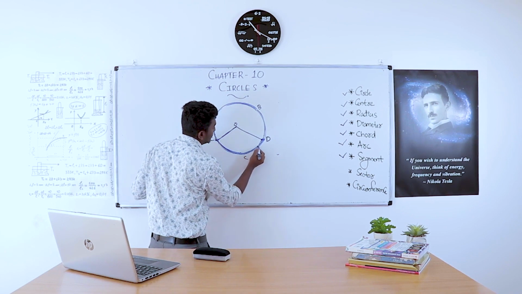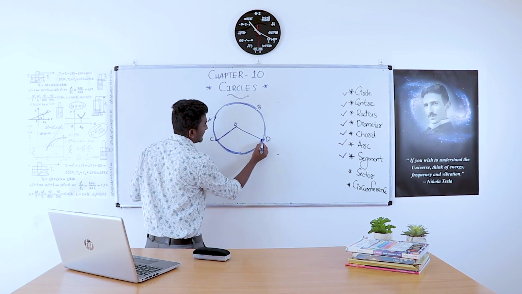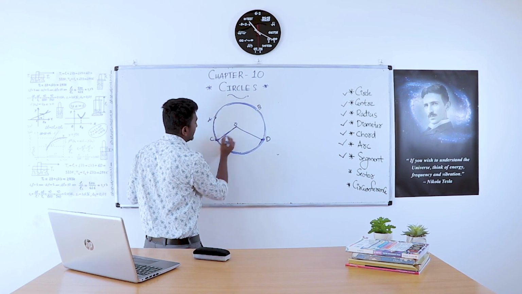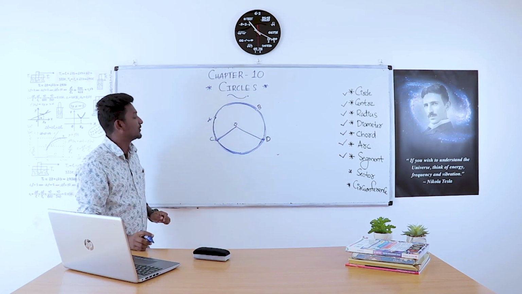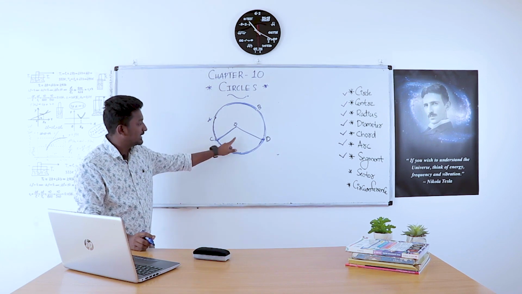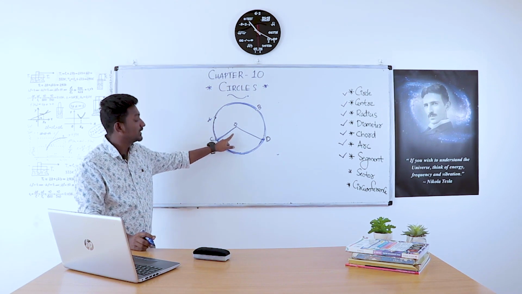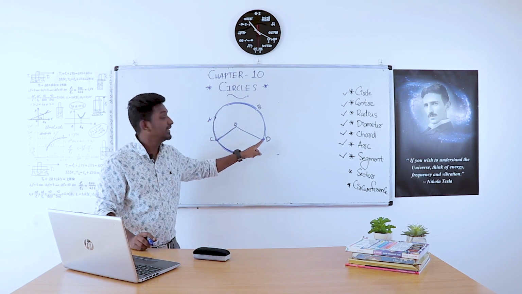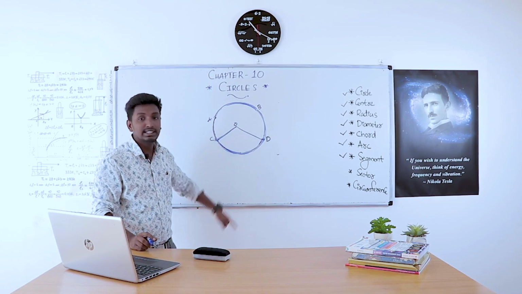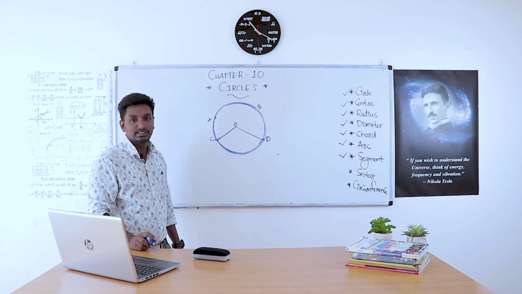CD is an arc. You know that CD is an arc, and OC and OD are radii of the circle. Now look at this portion. OC and OD are radii of the circle and CD is the arc of the circle.